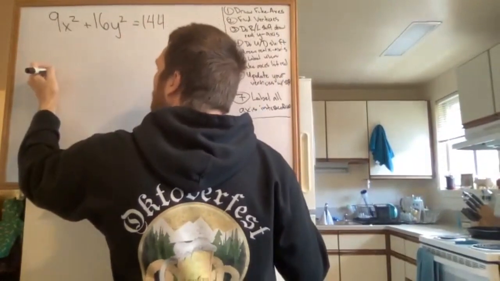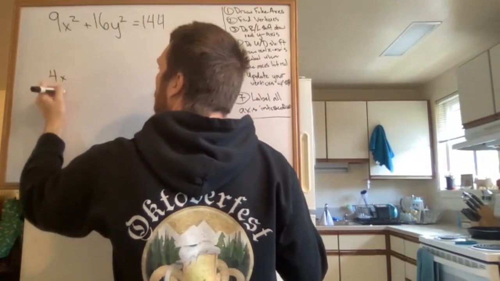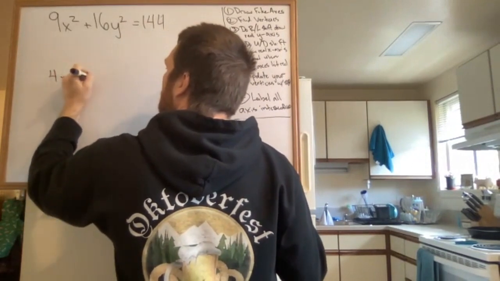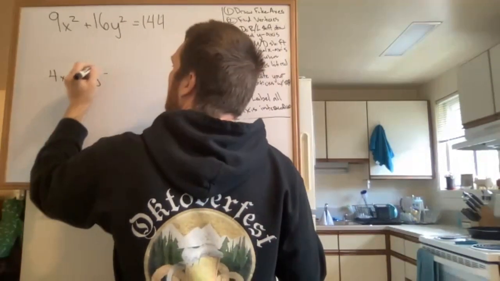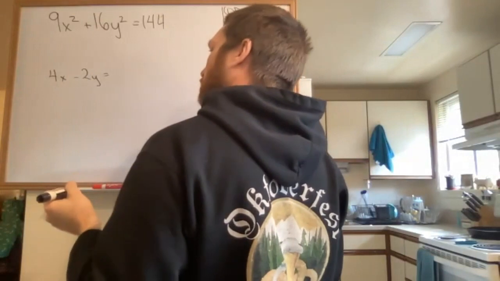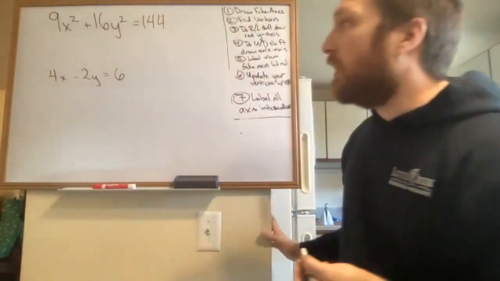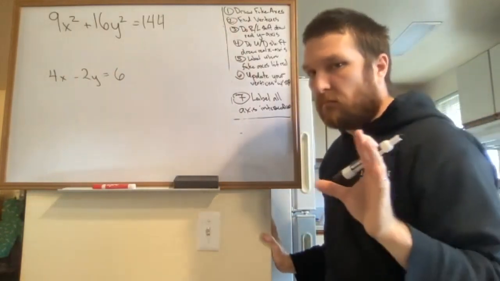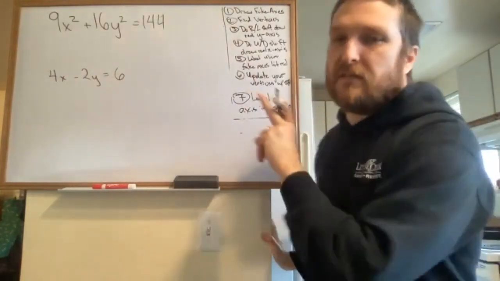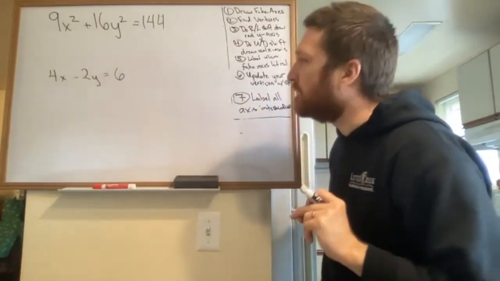Again, we could do something like this. Let's go 4x minus 2y equals 6. Now, put this in the form y equals mx plus b and tell me what you get.